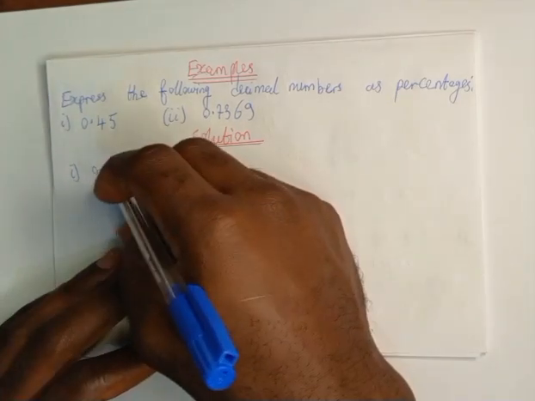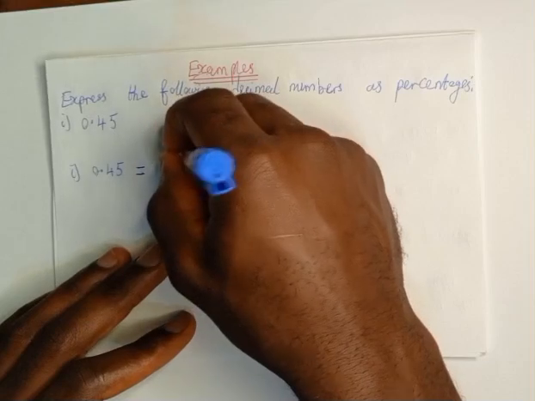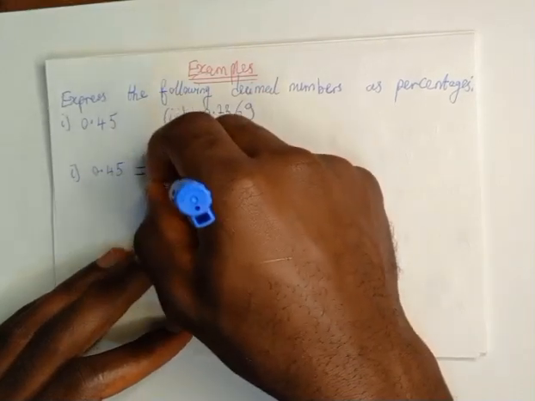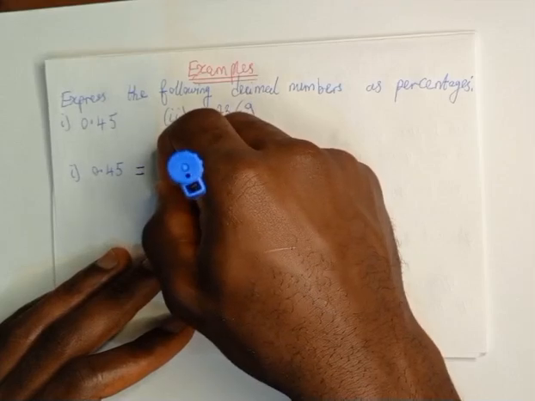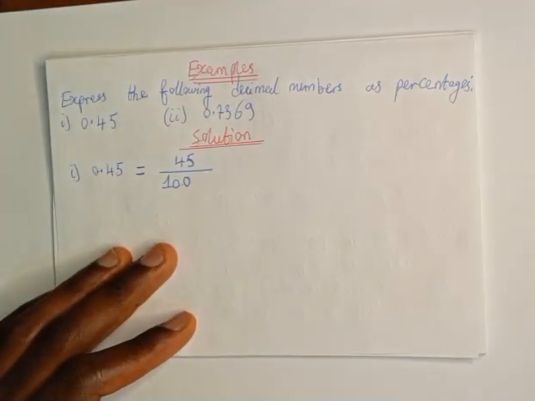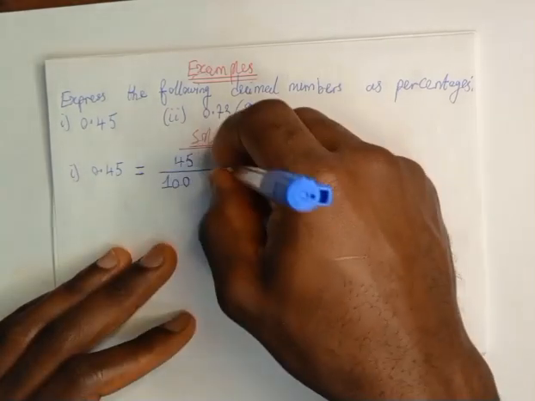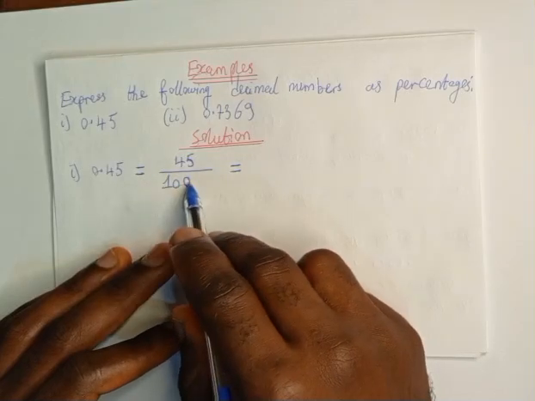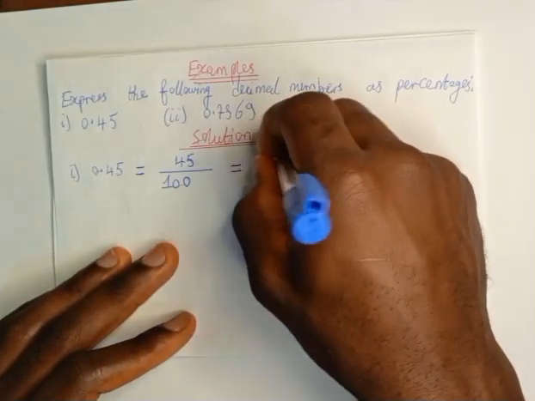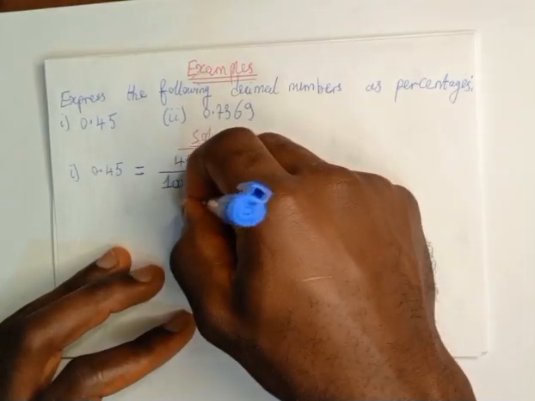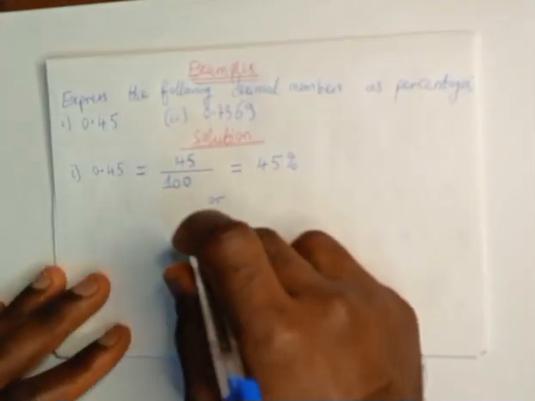We know 0.45 can be expressed as 45 all over 100. You can check the videos I did on decimals. You will learn so much on this. This will simply be equal to 45 out of 100, which is equal to 45%.